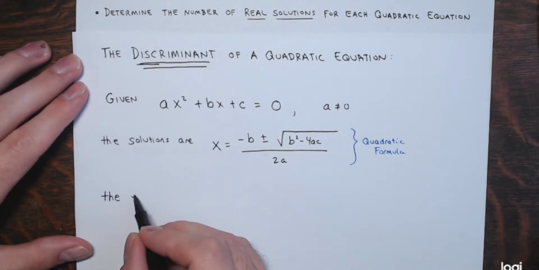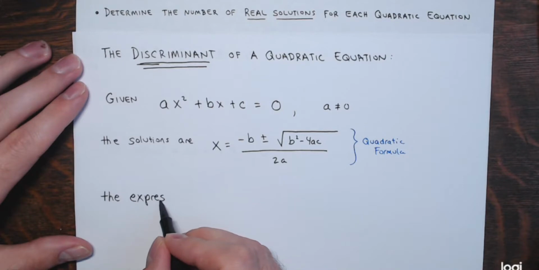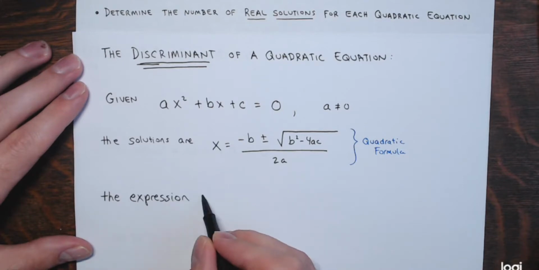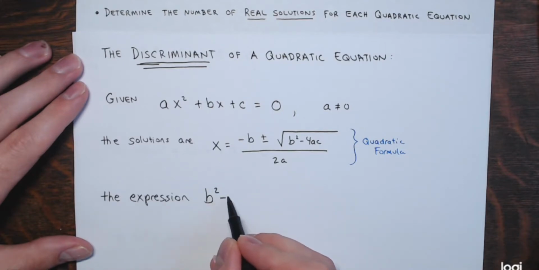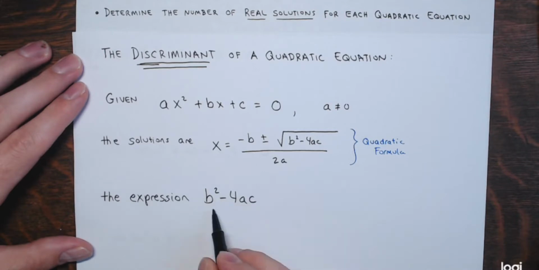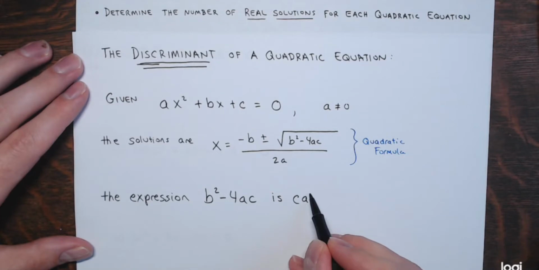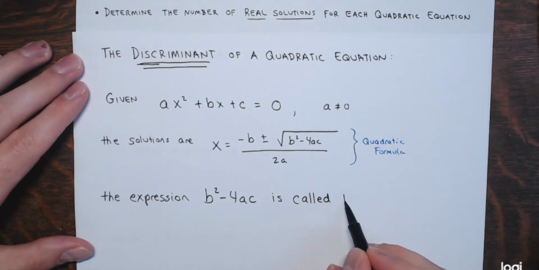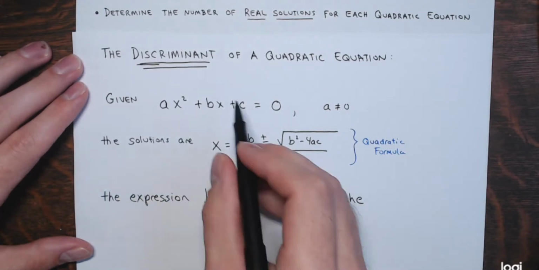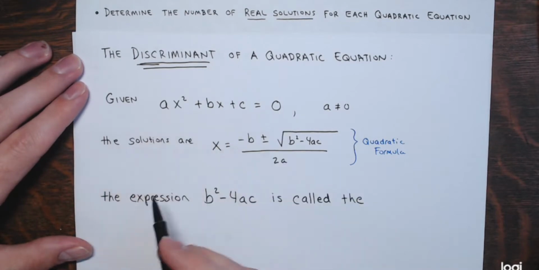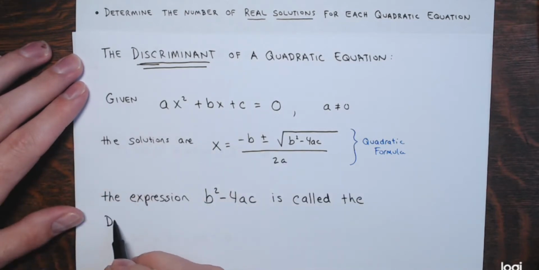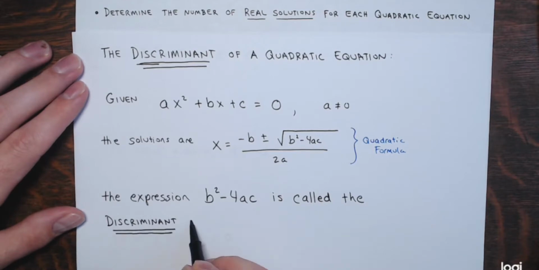The expression under the square root, b squared minus 4ac, is called the discriminant of this equation ax squared plus bx plus c equals 0.